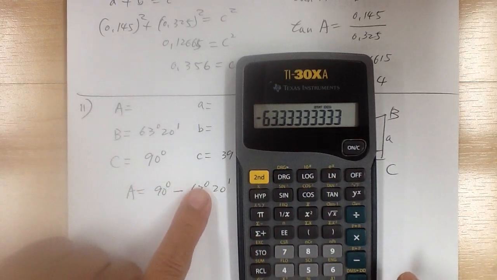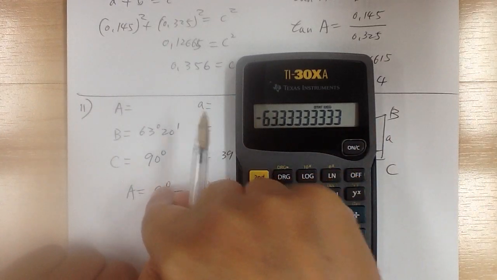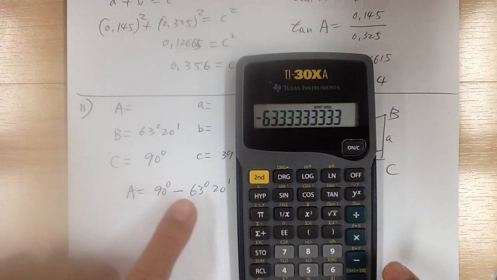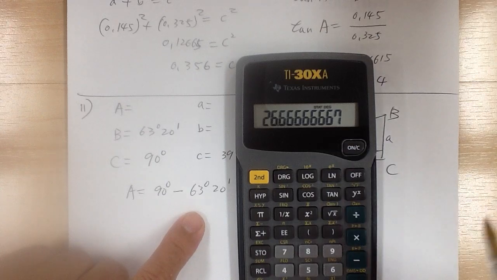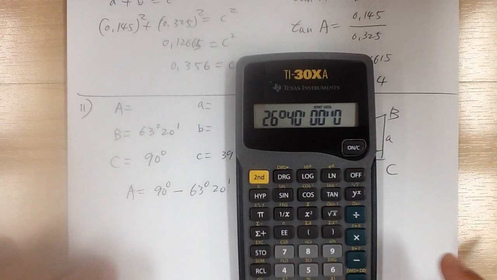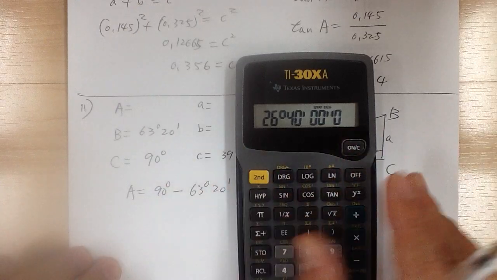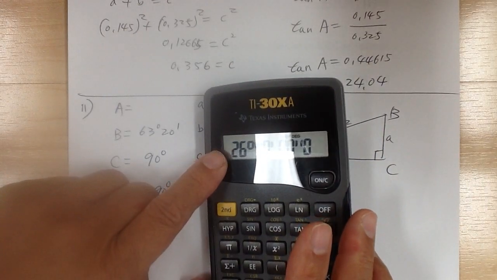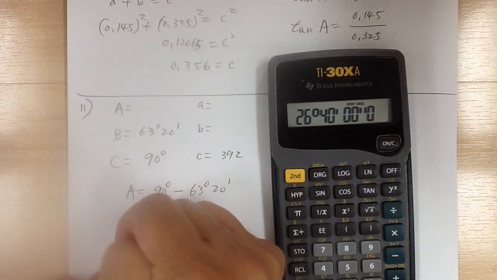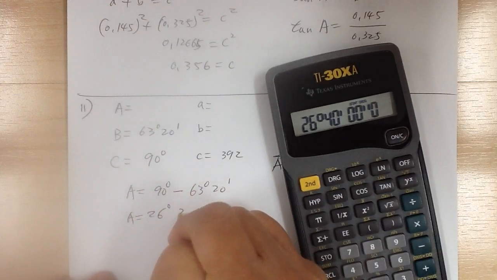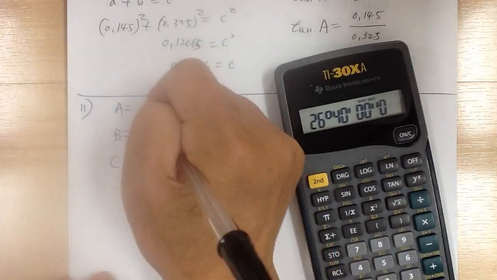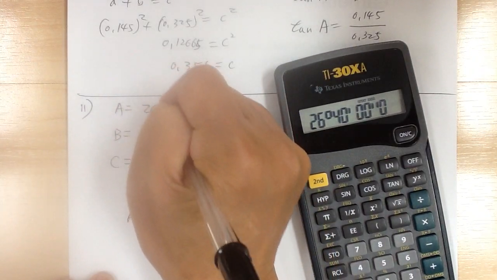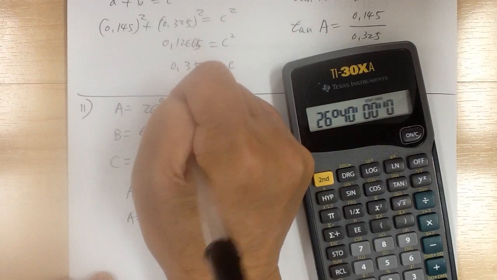Then you add 90, which is positive, and push equal. Then convert to DMS. You can convert before you combine or after; it doesn't matter. So this will give you 26 degrees 40 minutes.